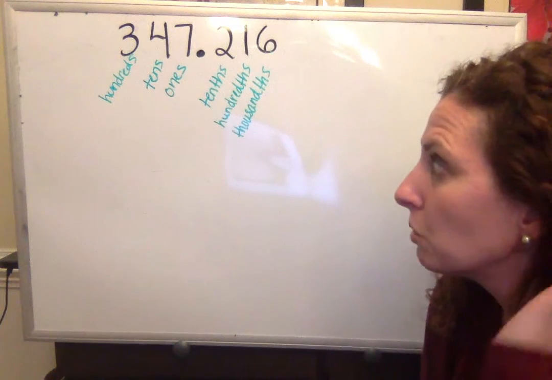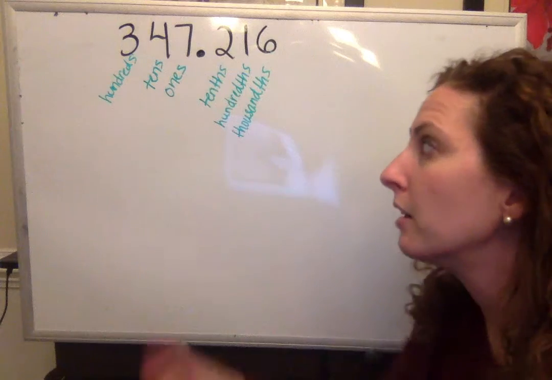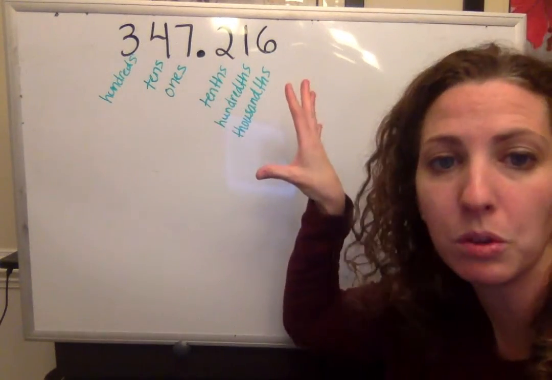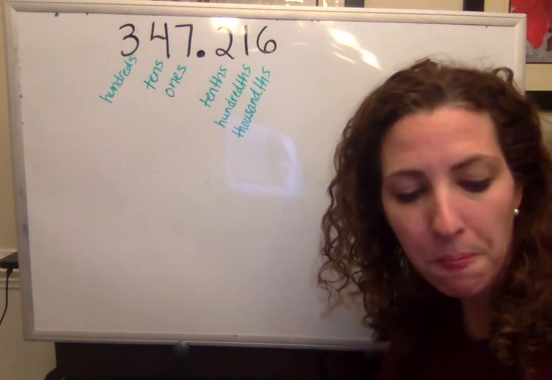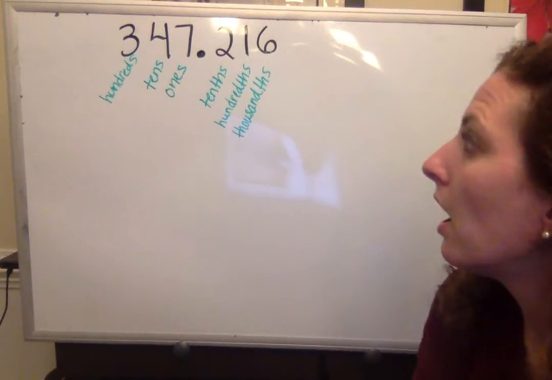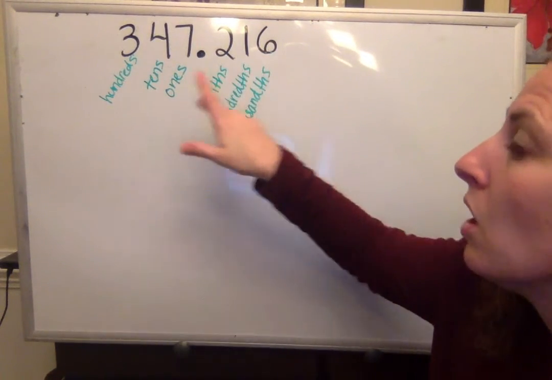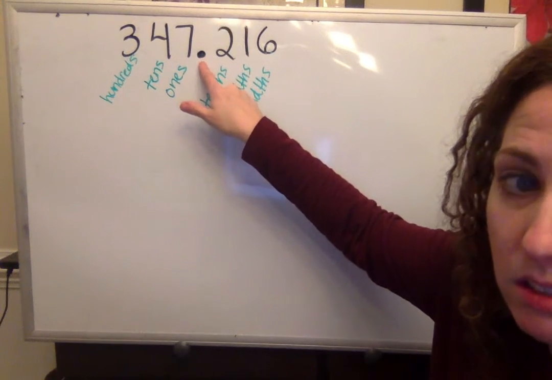So the first thing I just want to do, and I will have a resource put up on Google Classroom just to help us with this, to give us another visual of where the numbers fall as far as place value goes. But I wanted to show you here. We've got a whole number, and then a decimal, right? So remember that the decimal is this period.